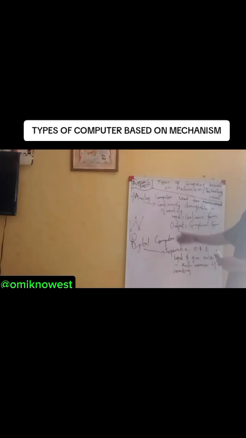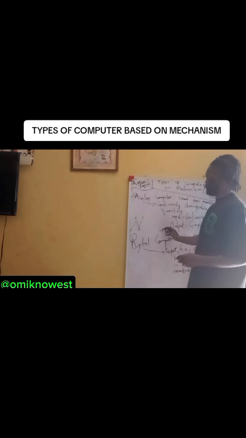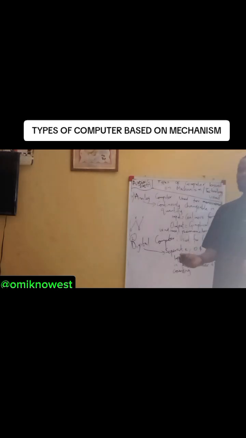Typical example of the analog is your wind vane, thermometer, name it, all those instruments that have to do with weather. While example of this is your calculator, your phone, your digital watch, and so on and so forth.